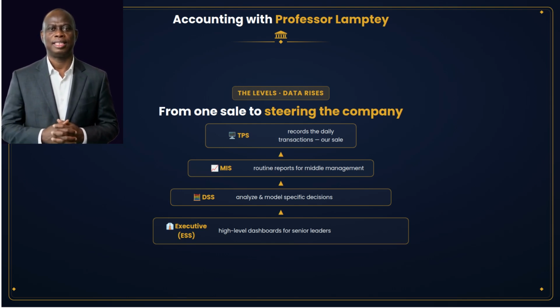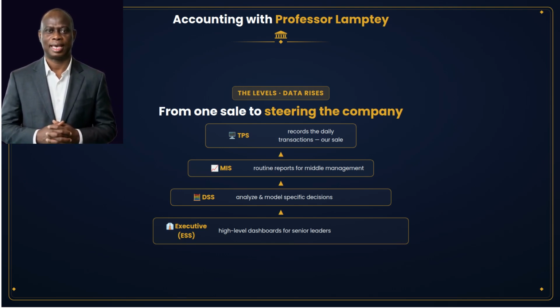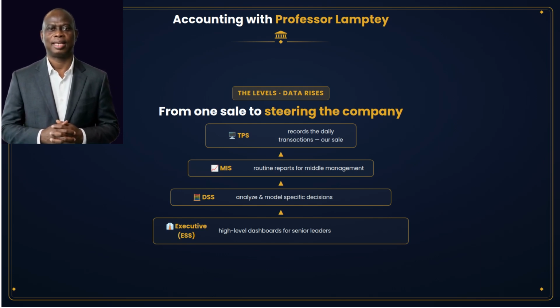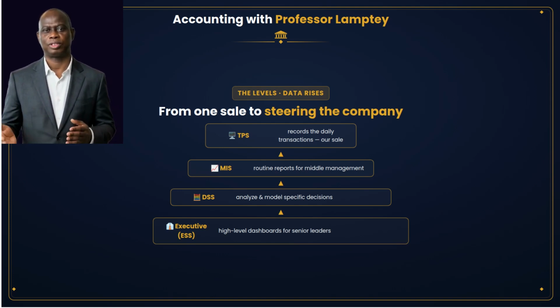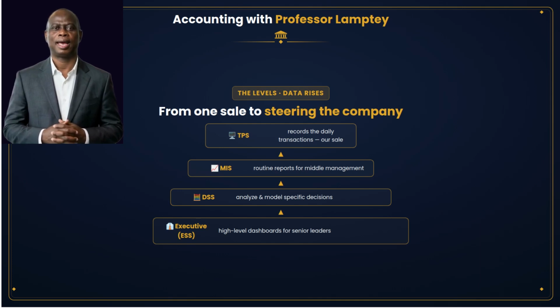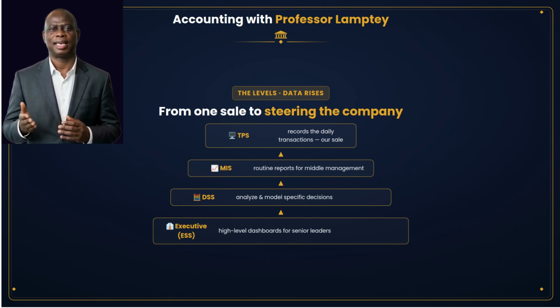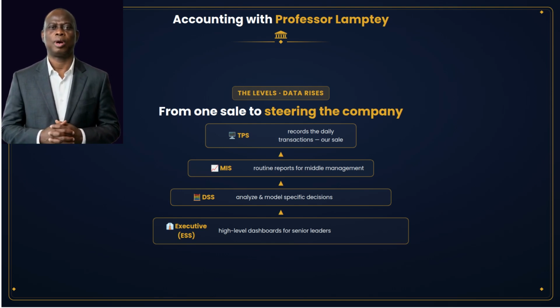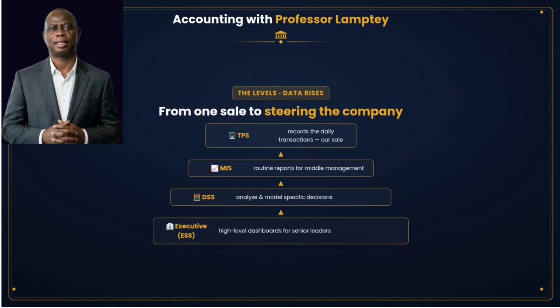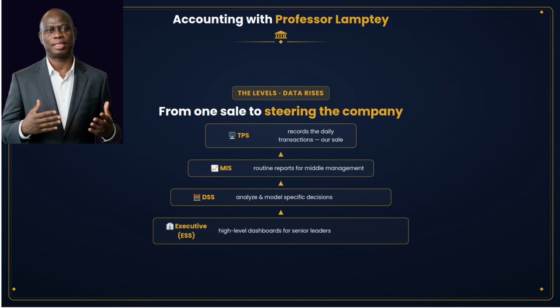Higher still, the decision support system, the DSS, helps analyze and model specific decisions. And at the top, the executive support system gives senior leaders high-level dashboards of the whole business. TPS, MIS, DSS, executive support, from recording one sale at the bottom to steering the whole company at the top. The data climbs, and it gets more summarized at every level.